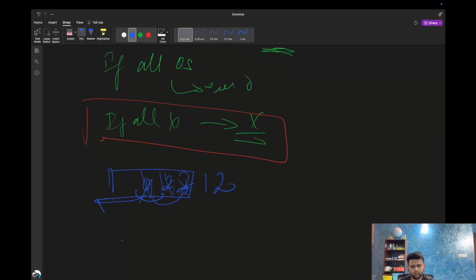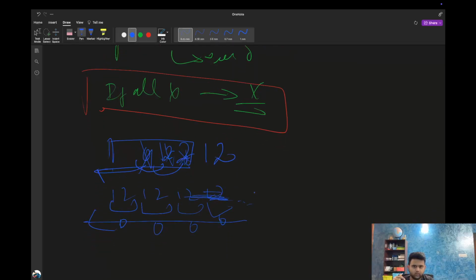Then you will have 1, 2, 1, 2, 1, 2, 1, 2, something, right? And assuming we've deleted all zeros up to this point, then this can be 0, this can be 0, this can be 0, this can be 0, and then what I can do is delete all these zeros, leading to only some number here.